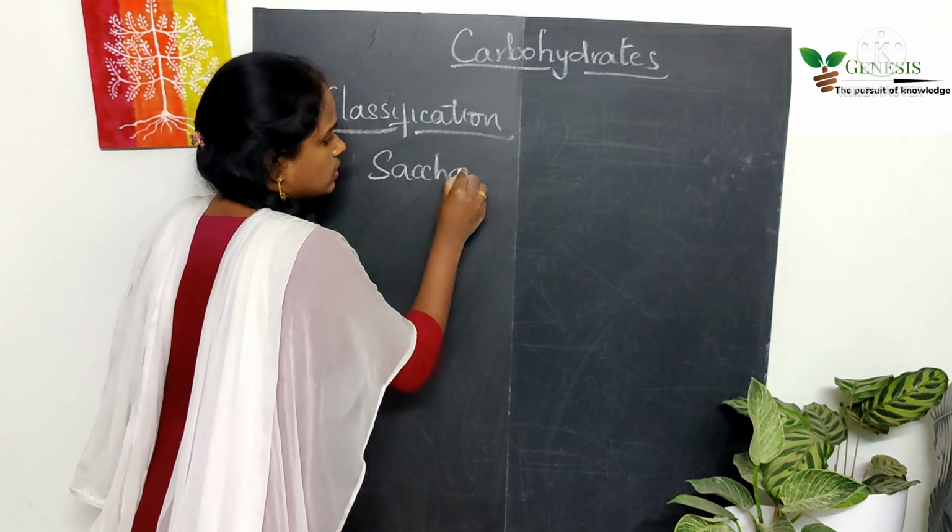And these are the simplest carbohydrates, so they cannot be hydrolyzed further. Since they are the simplest molecules, they cannot be broken down into different units. And they possess the general formula CnH2nOn.